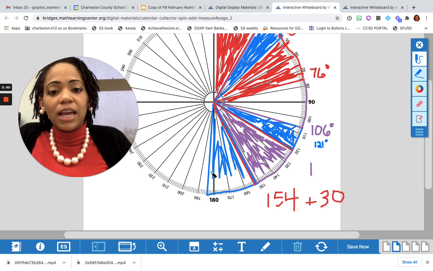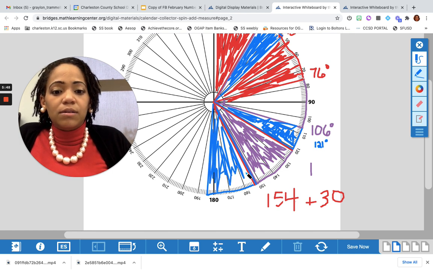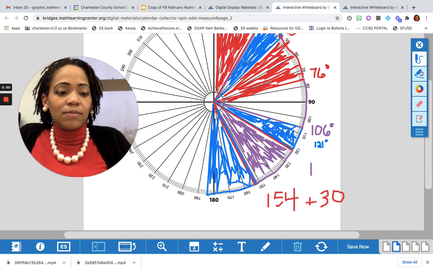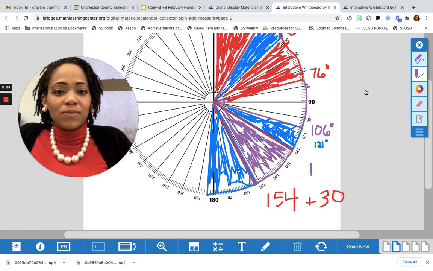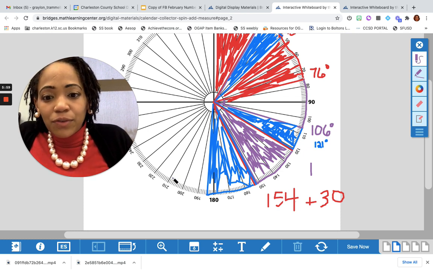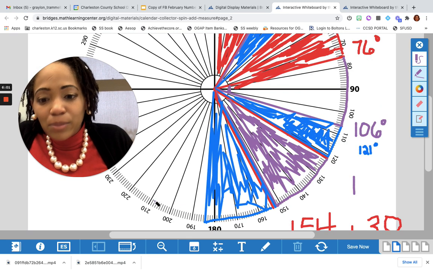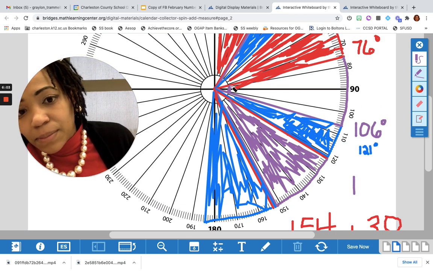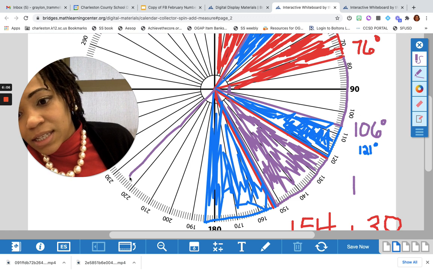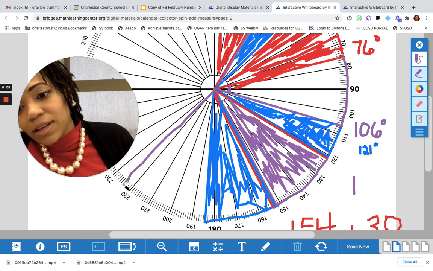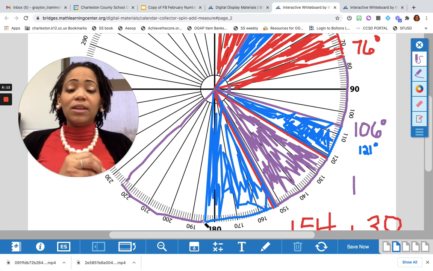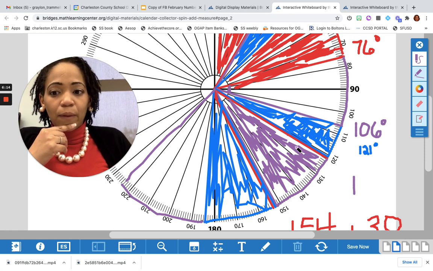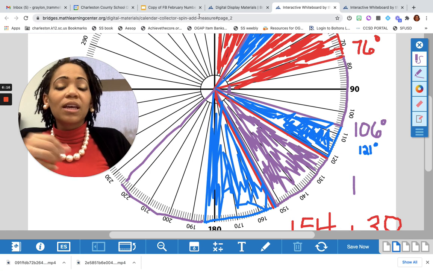So what is 184 plus 30? Good, 224. So now let's zoom in even more. I am coming to right here, I believe, and here's my new arc. So we're really close to being 3/4 of the way done with our calendar collector, and I will update the calendar collector sheet.